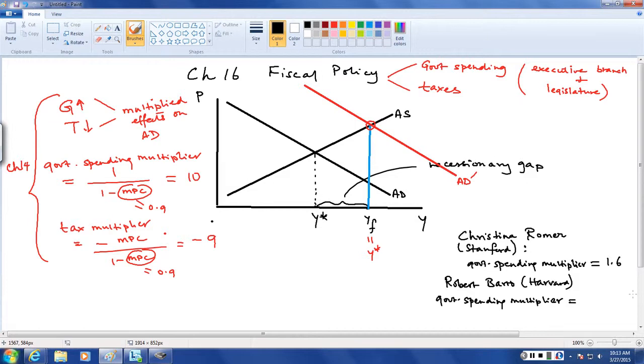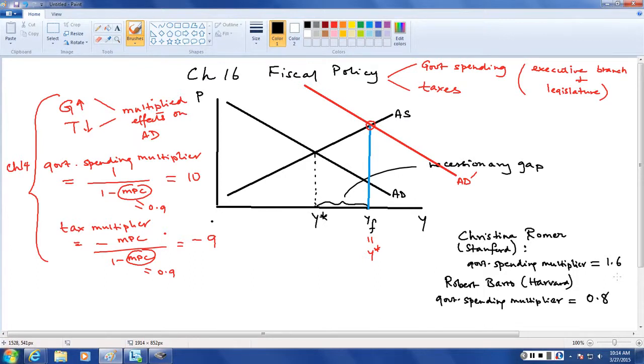He believes it to be 0.8, which would basically not even make it a multiplier. So according to this 0.8, what would happen to AD if the government raised its spending by $1? AD would go up by not even that dollar. It would go up by less than $1.